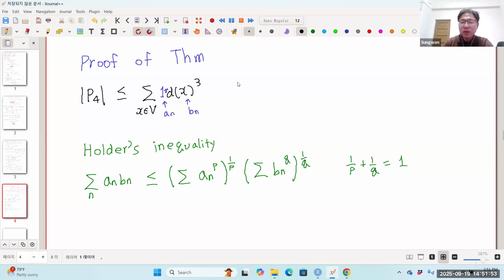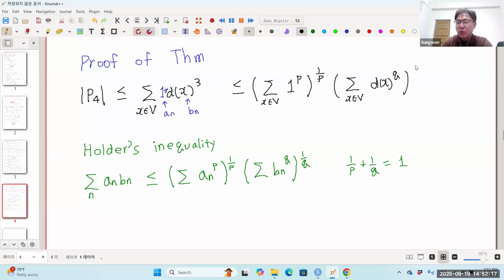Then it will be less than or equal to the sum of 1 to the p, to the power of 1 over p, and then the sum of d(x) to the power of q, and then 1 over q.